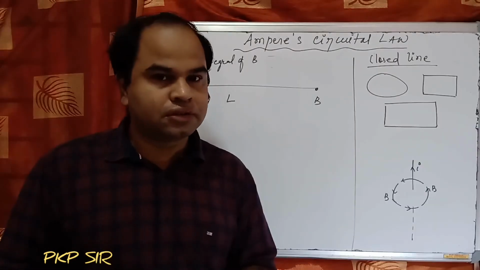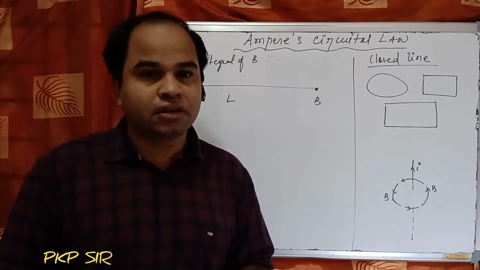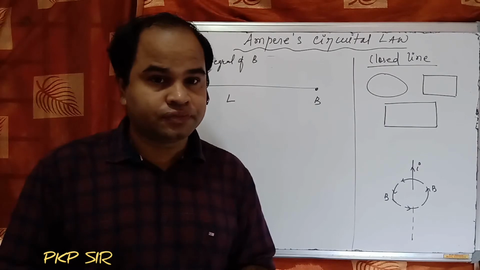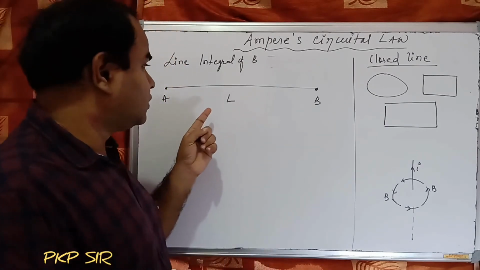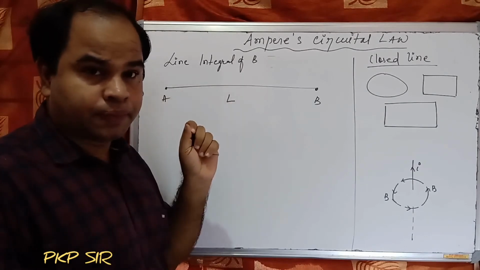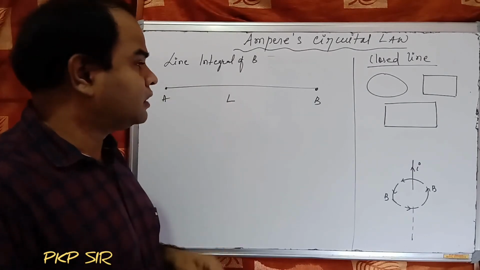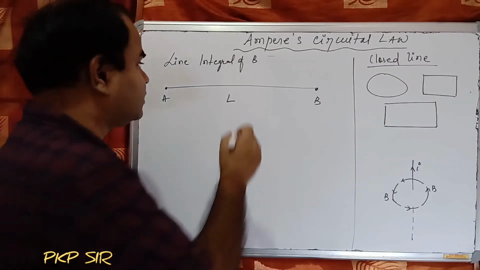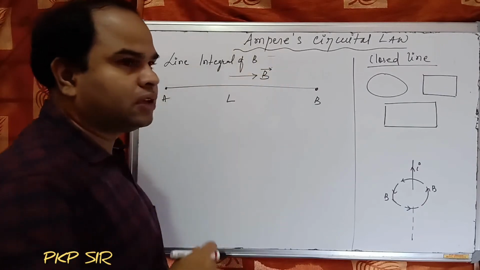Next we will discuss the line integral of magnetic field and the closed line integral of magnetic field. Let us consider a straight line AB having length L. Let us also consider that the magnetic field in this region is in the forward direction.